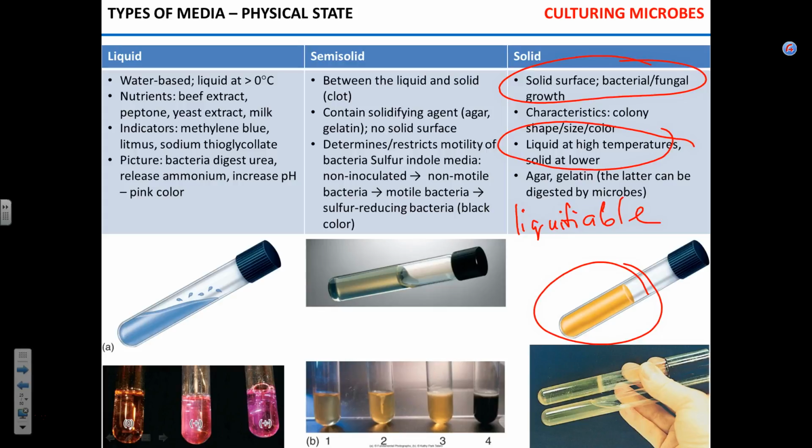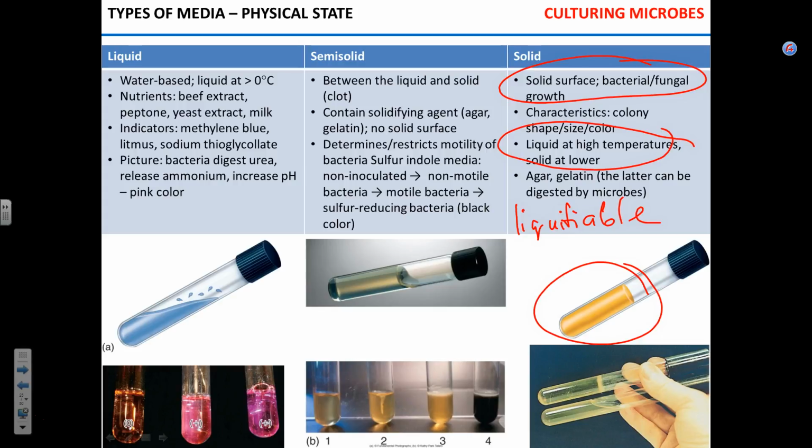You can do the same at home using gelatin. Jello, right? The main component is gelatin. It's liquefiable. You can heat it up, it'll melt. Why don't we use gelatin for bacterial growth? Any ideas? Doesn't it have bacteria already in it? You can autoclave it.